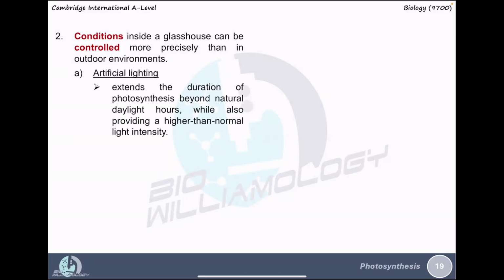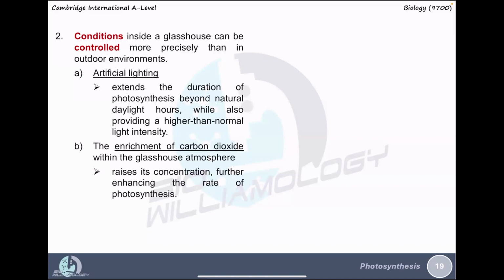First of all, we can provide artificial lighting. This can help to extend the duration of photosynthesis beyond natural daylight hours, while also providing a higher than normal light intensity. Second, we can increase the CO2 concentration within the glass house atmosphere.